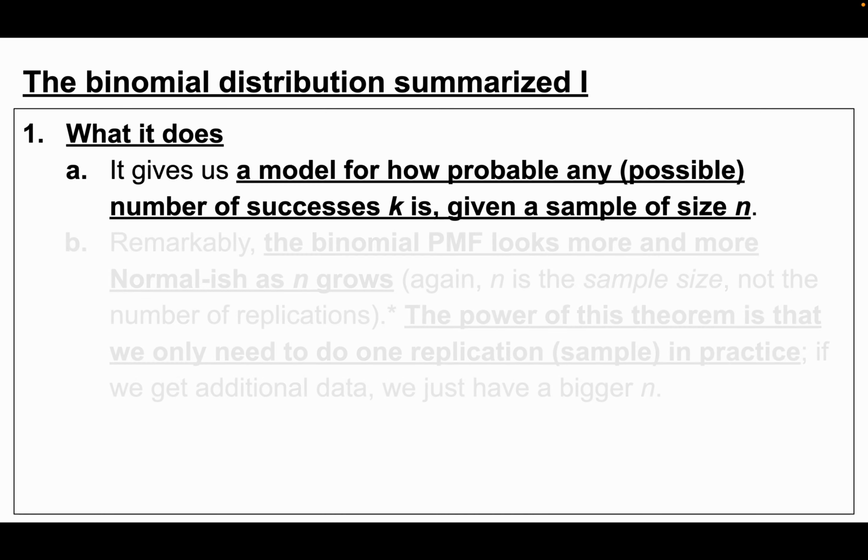The connection to many replications is just that this distribution governs the selection of any number of possible samples. You could basically spit out the distribution of all possible sample counts any number of times that you want by using the binomial distribution, but it is not an operative concept in the distribution itself.